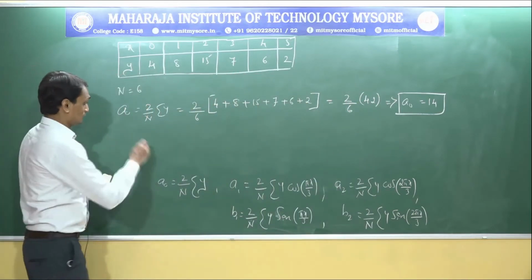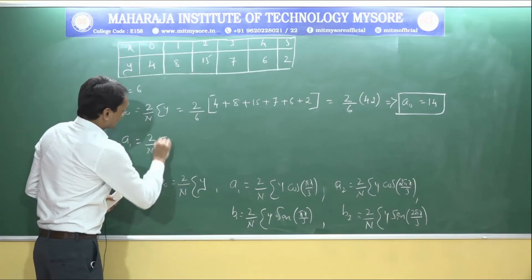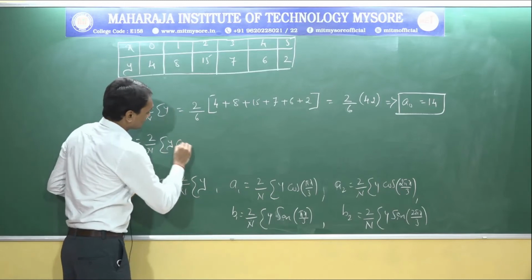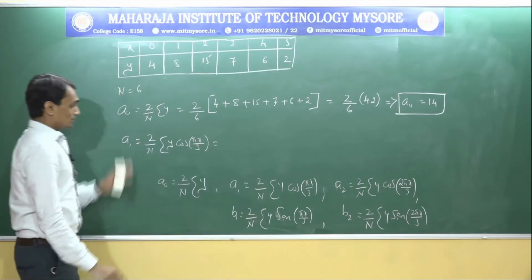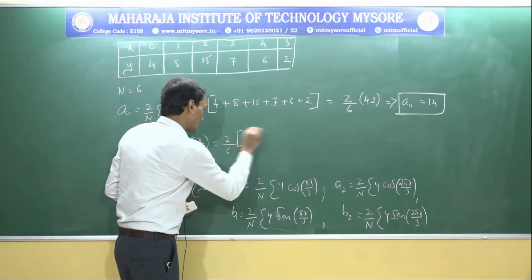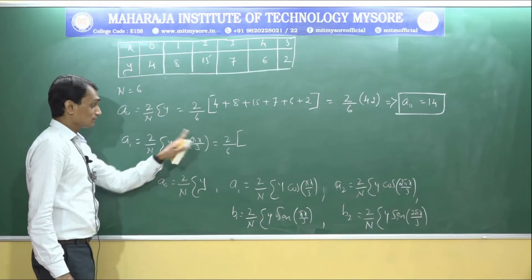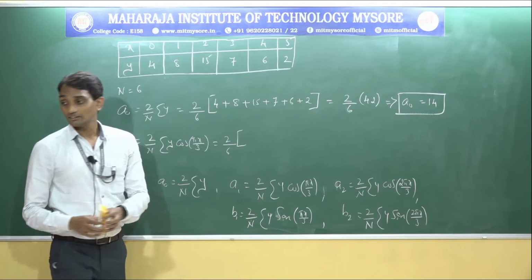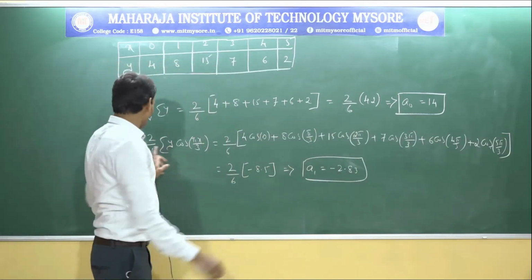Now I will go for the second value. a1 equal to 2 by n into summation of y into cos pi x by 3. Again I will substitute the values, 2 by 6 into y into cos pi x by 3. So substitute y values and x values alternately. First we calculated the a0 value, which is the sum of y. The second one is a1.